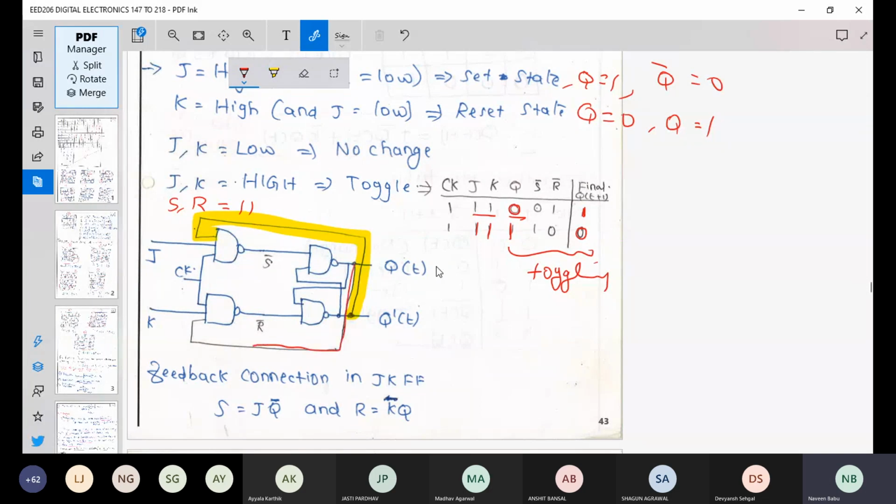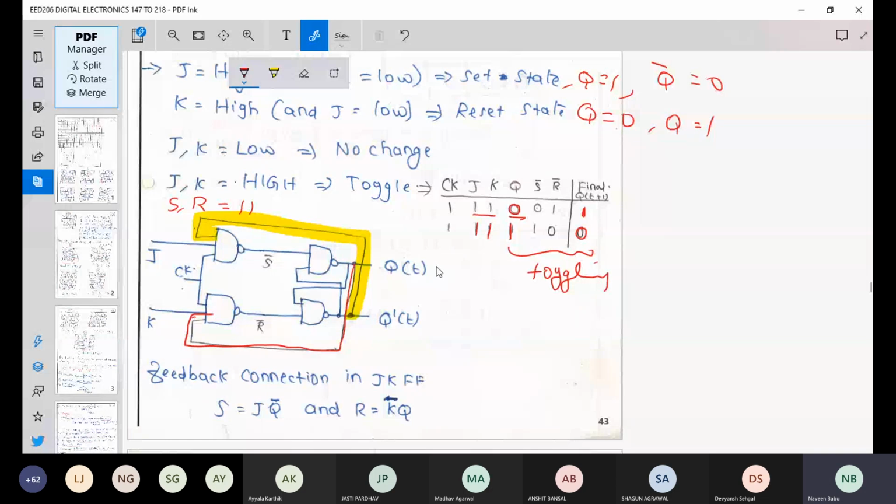Now, what is the difference in the connection here? The difference in the connection here is now this S input here will have J and Q bar, and your R input will be K and Q, right?